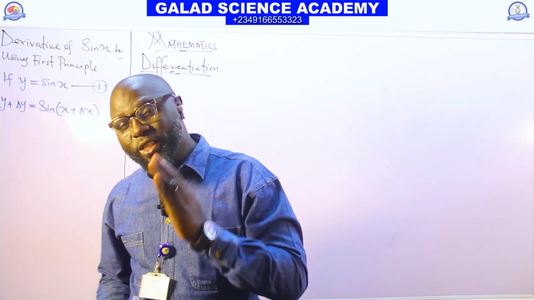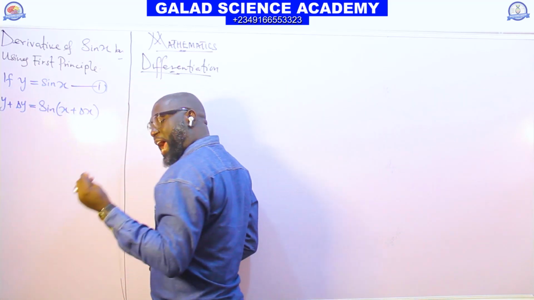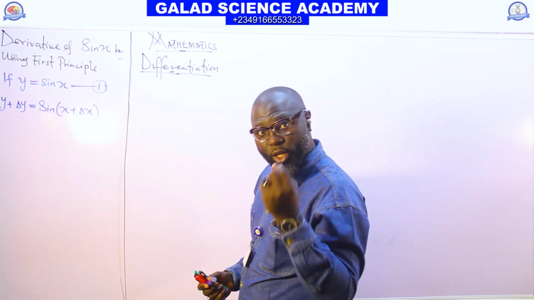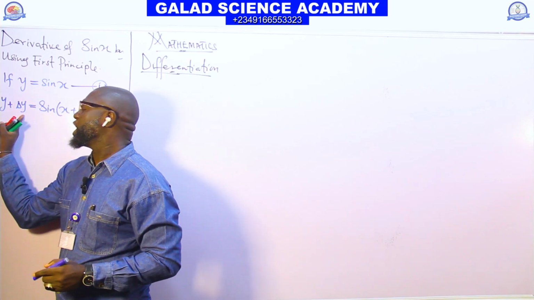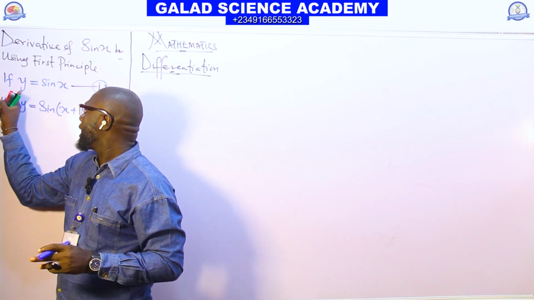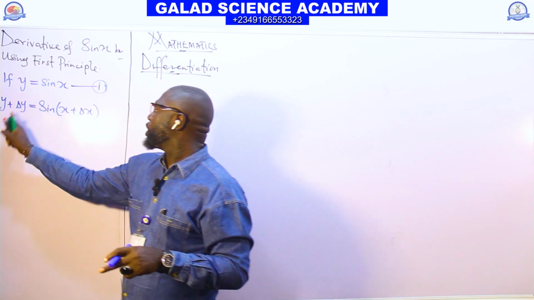So to use first principle to differentiate sine x, we will add small increment to y. The small increment is changing y. Add it to this y. Add small increment to the x, which is changing x. That leads us to this.